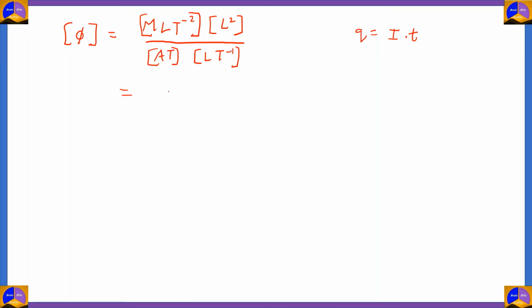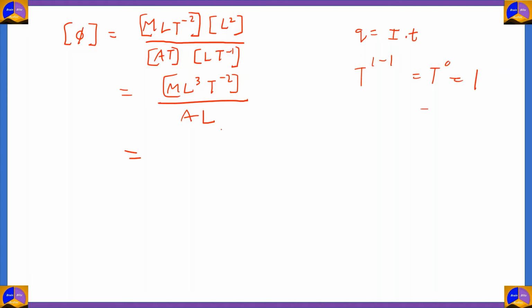So on simplifying the numerator and the denominator, we'll get M L cubed T raised to minus 2 divided by A L, because T raised to 1 minus 1 becomes T raised to 0, which is 1, no dimension. So now we can divide L cubed by L. So L raised to 3 minus 1, that becomes L squared.